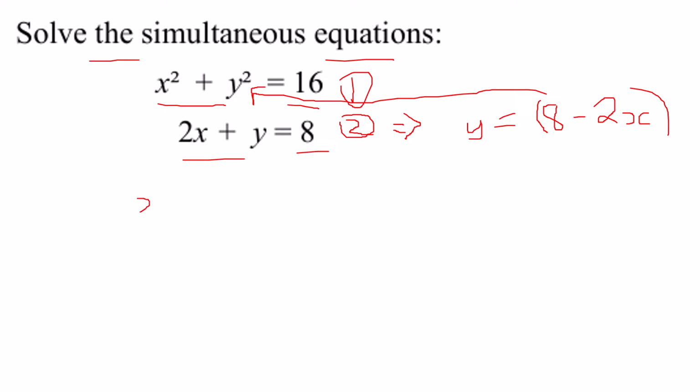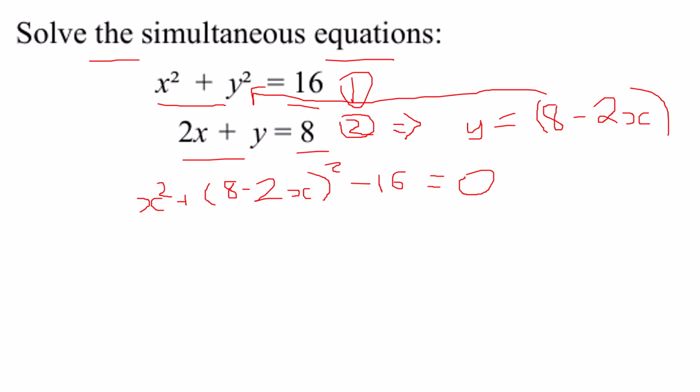We're going to have x squared plus, in brackets, 8 minus 2x, all squared. And I'm going to bring that 16 over to the left-hand side to make the quadratic equal to 0, so I'm going to have minus 16 equal to 0, because a quadratic equation can only be solved when it's in the form ax squared plus bx plus c equals 0.